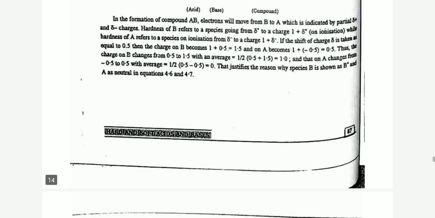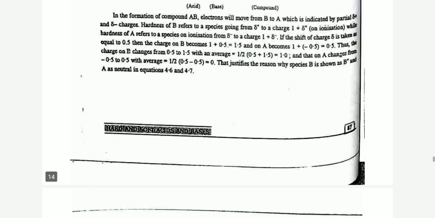If the shift of charge delta is taken as equal to 0.5, then the charge on B becomes 1 plus 0.5, which is 1.5, and on A becomes 1 minus 0.5, which is 0.5.